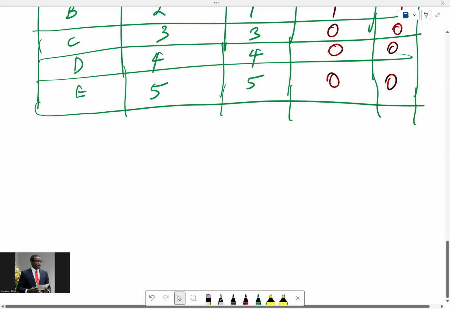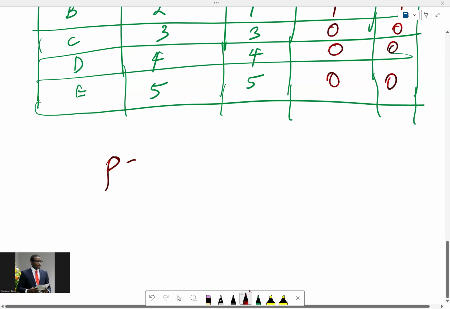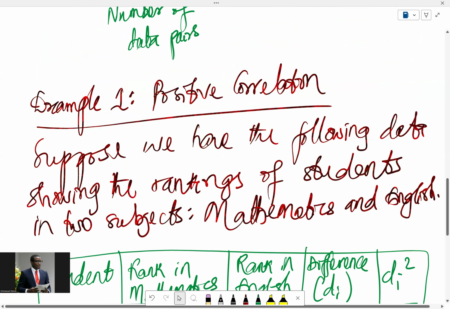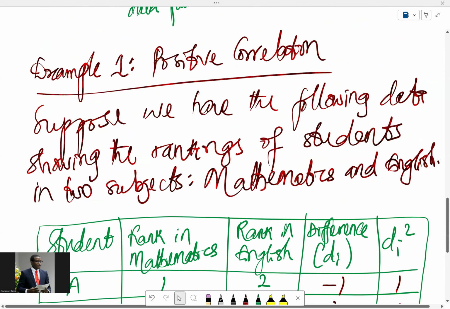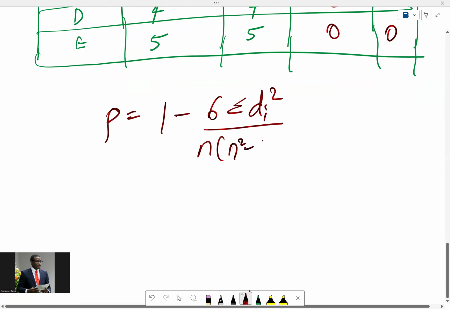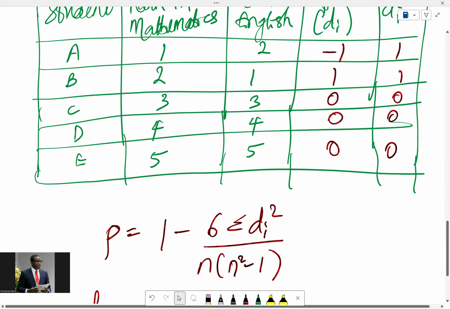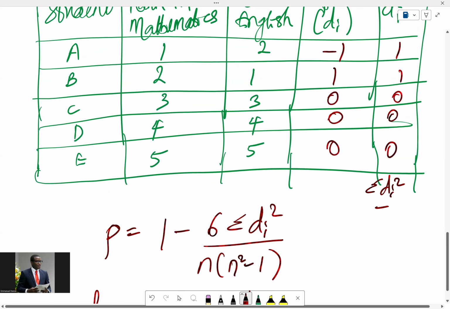So again, let's recall the formula. Rho is 1 minus 6 summation di all squared all over n into n squared minus 1. The summation of di squared will be just 2, if you add up all of that.